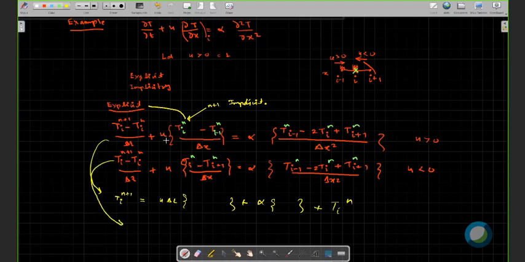Okay. But here, based on the sign of this u, either you take this or this. So if you are solving a problem where you do not know the magnitude of this particular variable, in that case, what you should do?